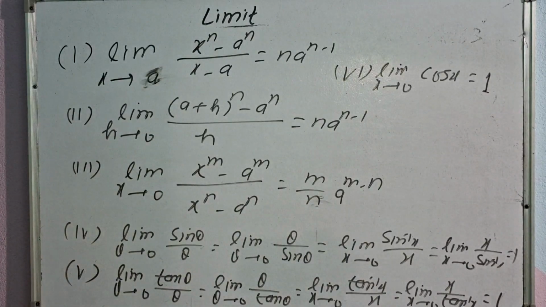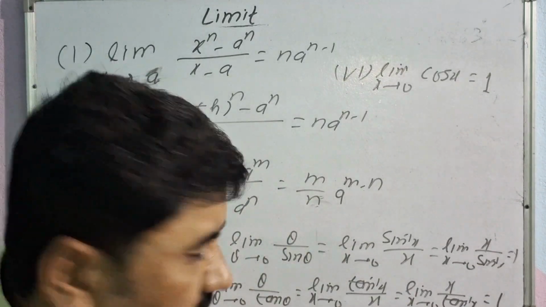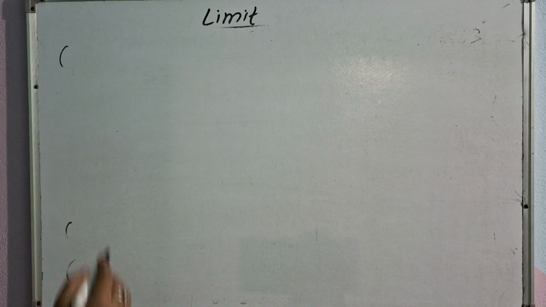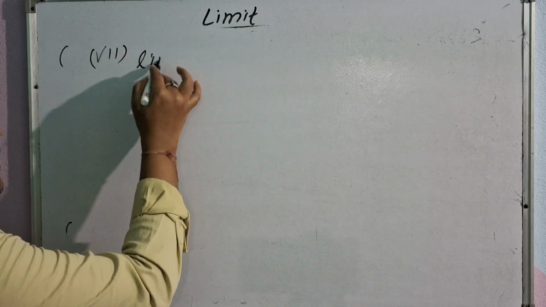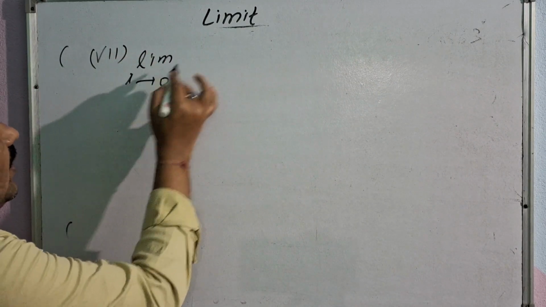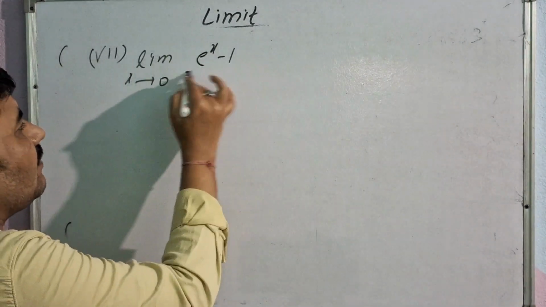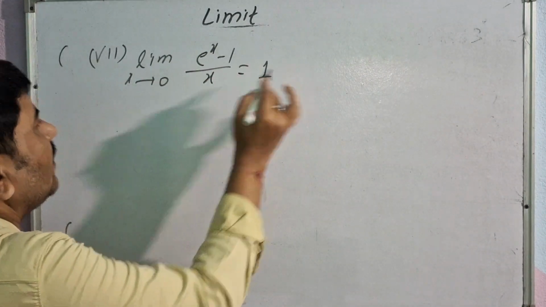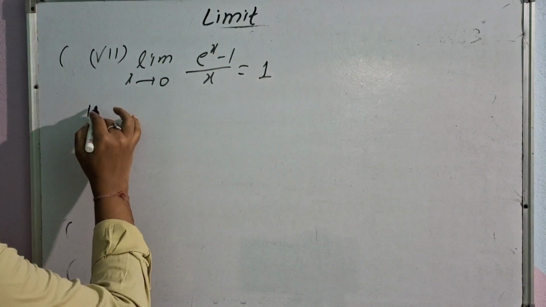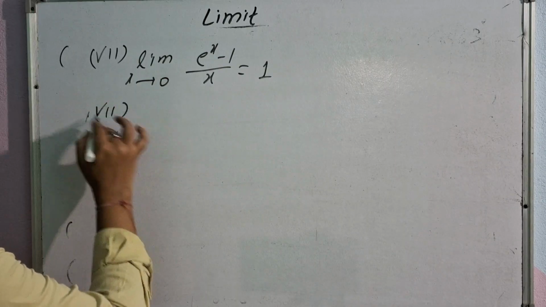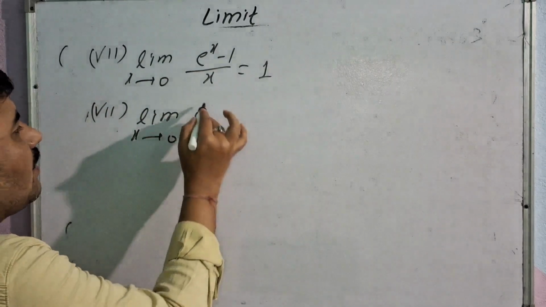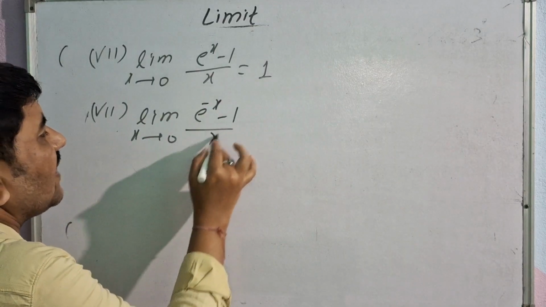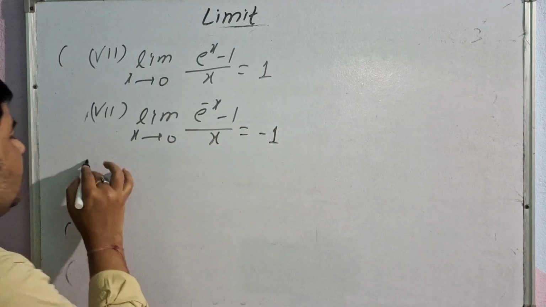Understand? I want to give some more definitions. Seventh: limit x tends to 0, (e to the power x minus 1) by x equals 1. Eighth: limit x tends to 0, (e to the power minus x minus 1) upon x equals minus 1.